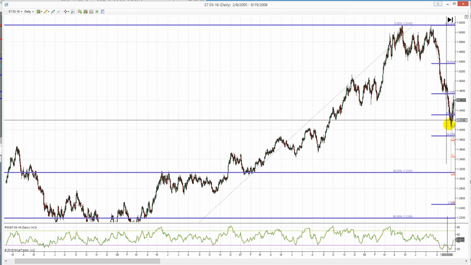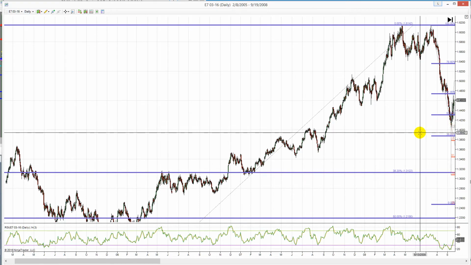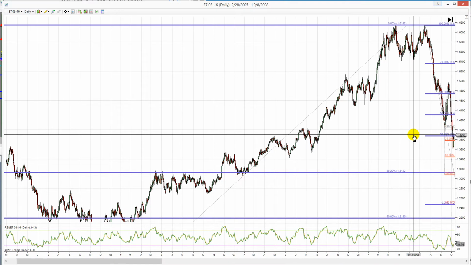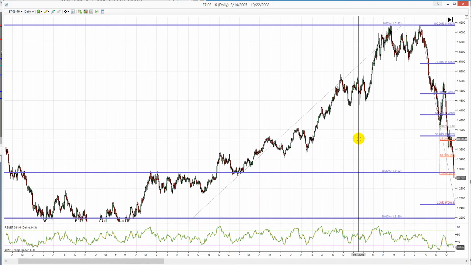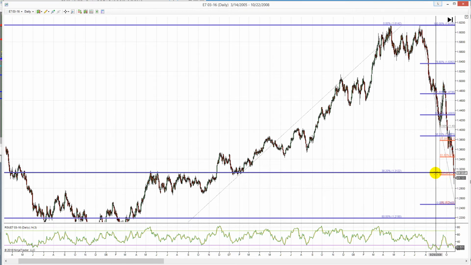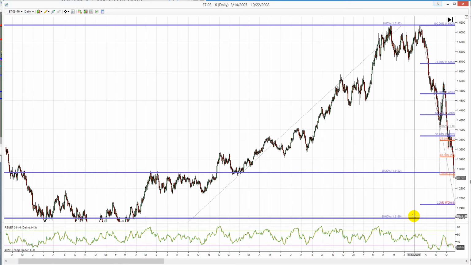Okay, and we've made it here. What is pointed out here, first, is that level was broken, so our target is the 50% level.